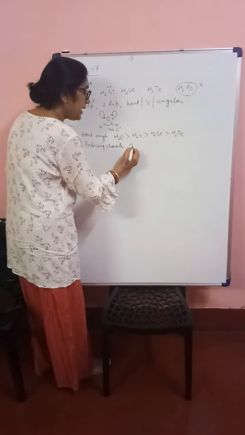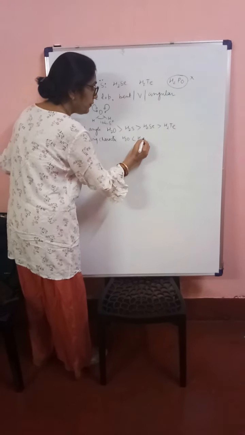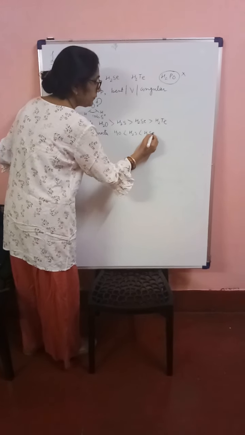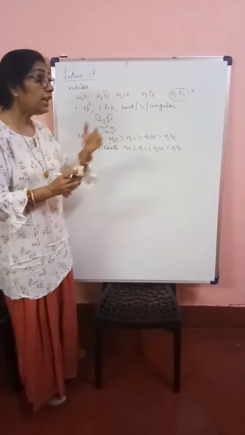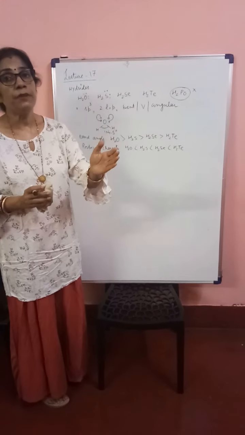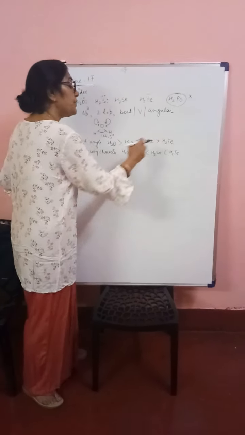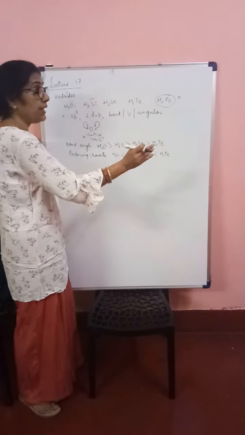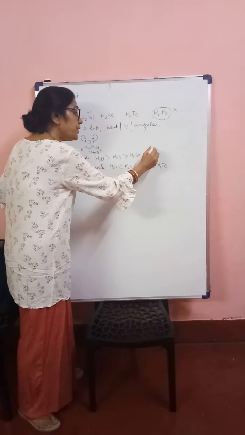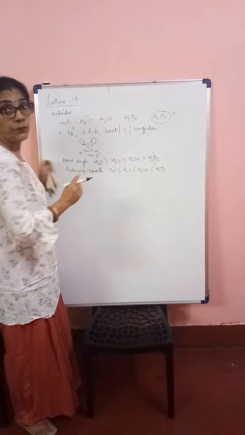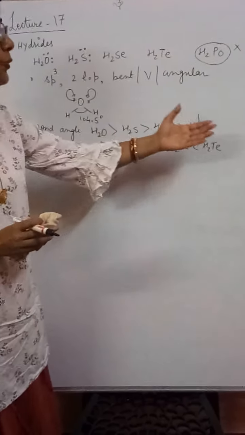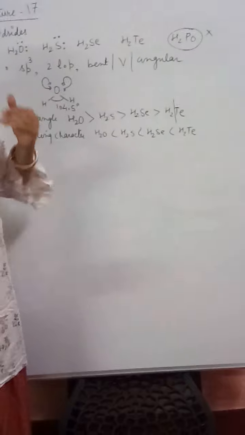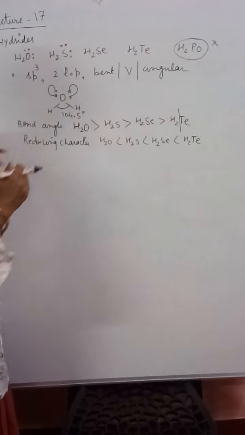reducing character is just the reverse. Why is it so? Reducing nature means which helps in reduction but itself gets oxidized. So what happens? Tellurium being largest in size, the bond dissociation energy is least, so that it can easily break the bond, and it is going to help by giving up its hydrogen so that reduction can take place.